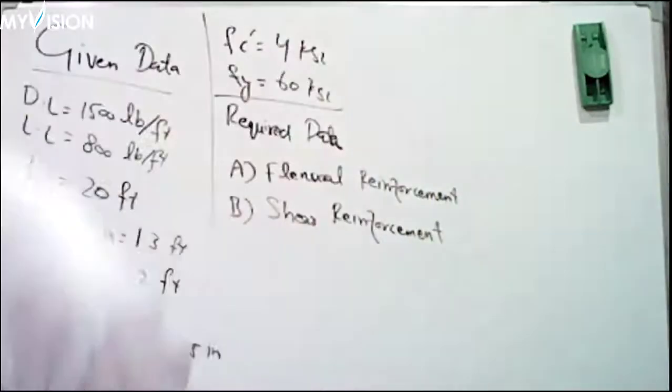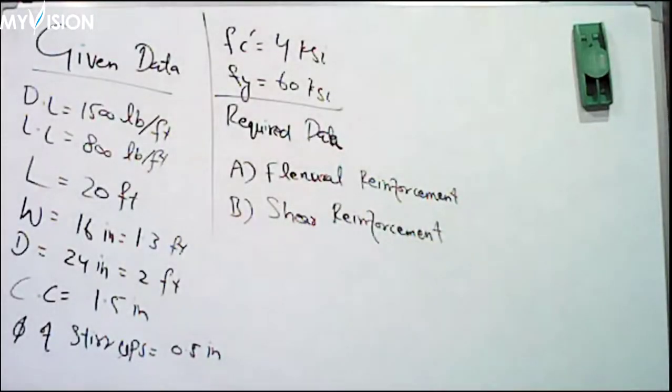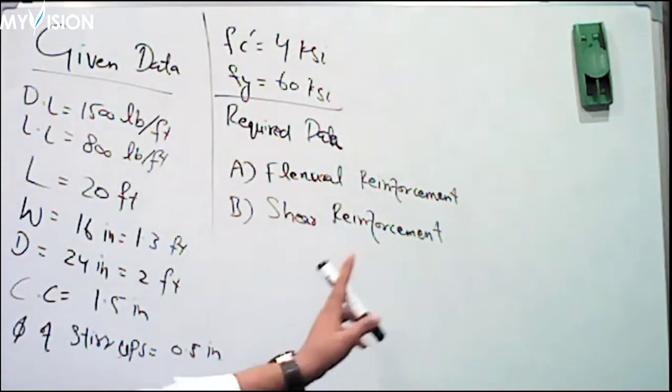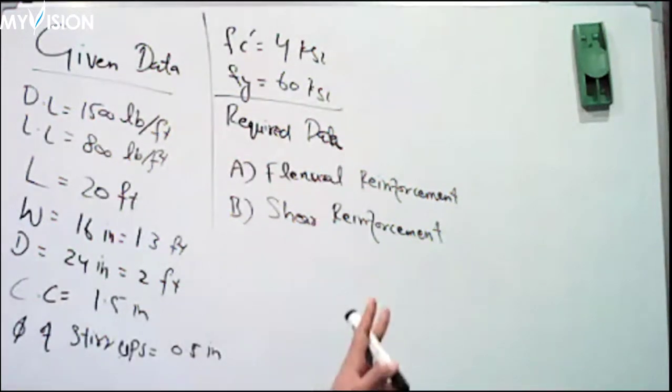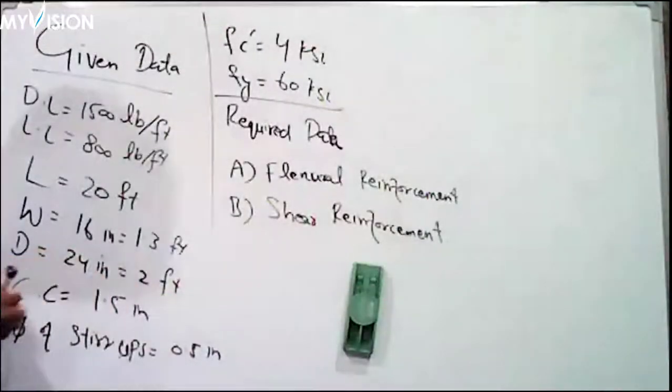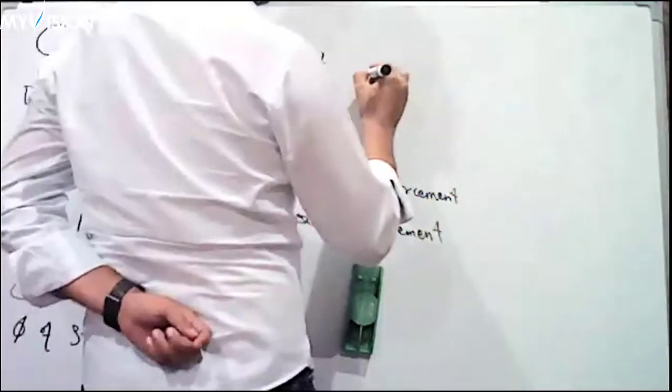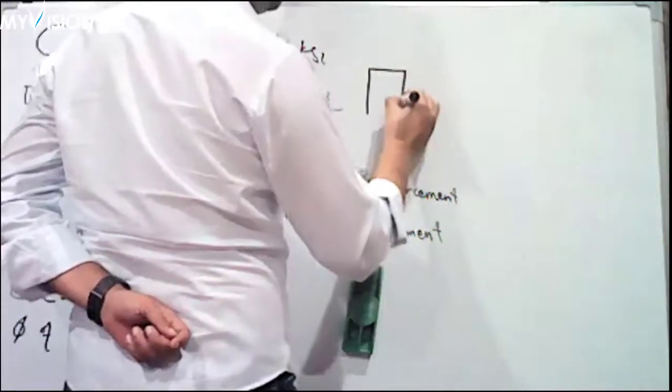Check the picture which I have sent you. If you cannot see this writing clearly, I have sent you a picture. And right now, what does this data mean? Length, width, depth, concrete cover, and diameter of the stirrups. Let me draw a beam in front of you.